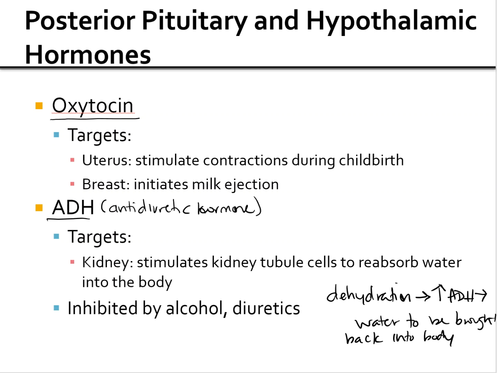So you can think of it this way: an increase in ADH equals a decrease in urine output. If we're bringing water back into the body, then we're peeing less. We'll talk a lot more about this when we get to the urinary system, but two fun facts: alcohol as well as specific diuretics will inhibit ADH and prevent it from bringing water back into the body.